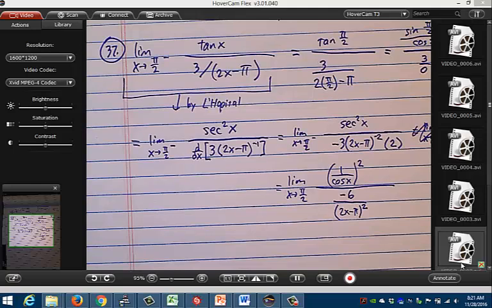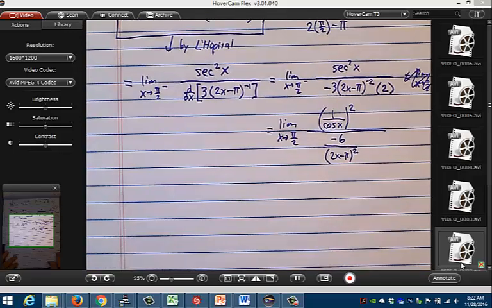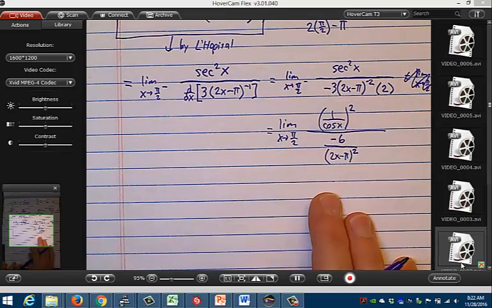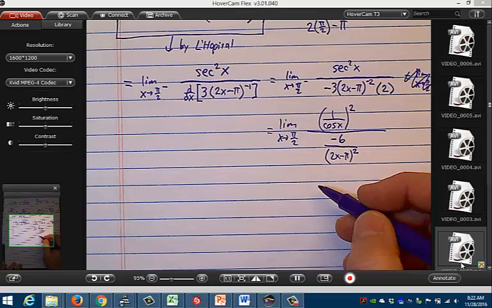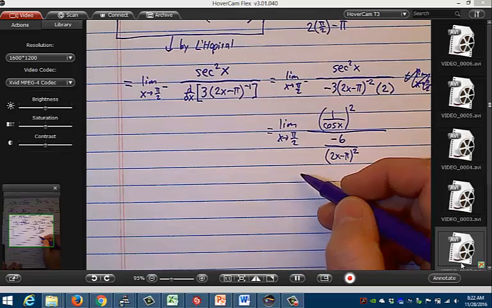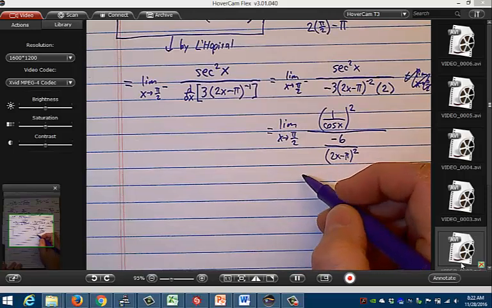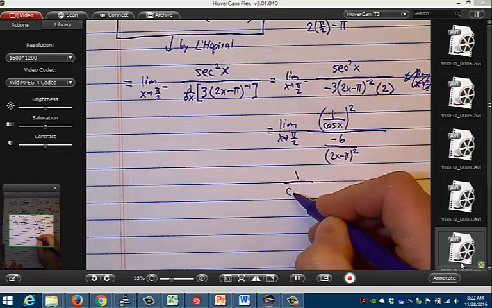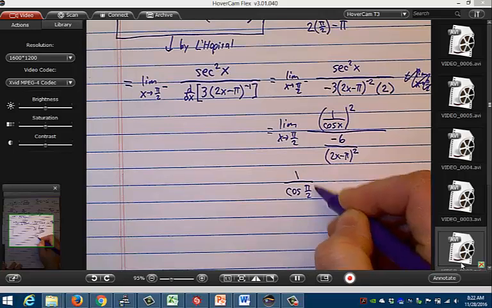So, I have a fraction divided by a fraction. All right. I'm going to plug in my pi over 2. And so I have, let's see, 1 over the cosine of pi over 2 squared.